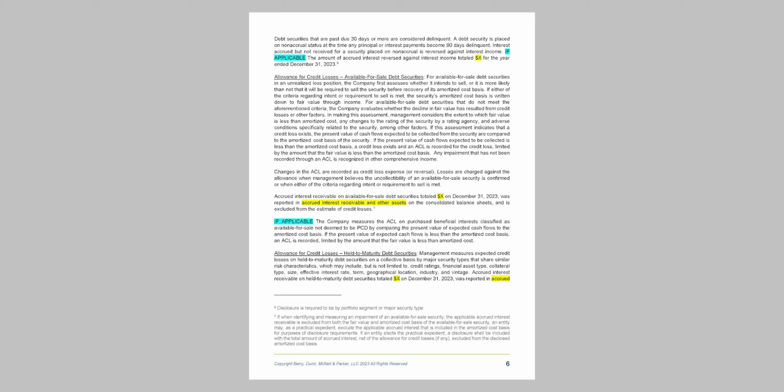So as an example, we see that disclosure here for available for sale debt securities about in the middle of this page, where we disclose the dollar amount as of, in this case, year end, and where it's reported in the financial statements. So here it's in accrued interest receivable and other assets, but that placement, of course, could change.